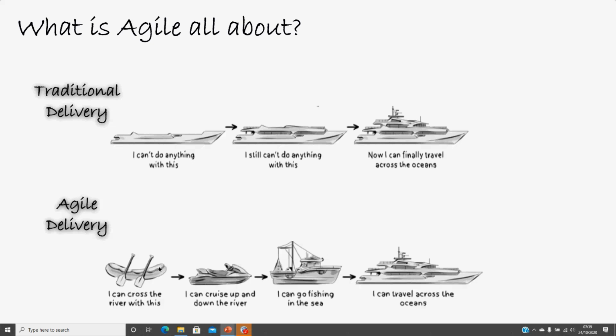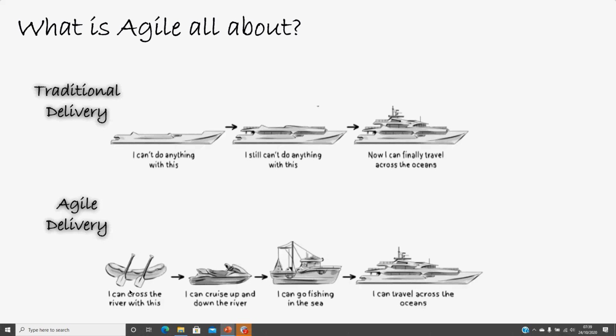Agile believes in a terminology called minimum viable product, which means that from the very beginning, they will deliver a very basic product, which is the very basic form of the final product. For example, in this case, we will start with a raft.